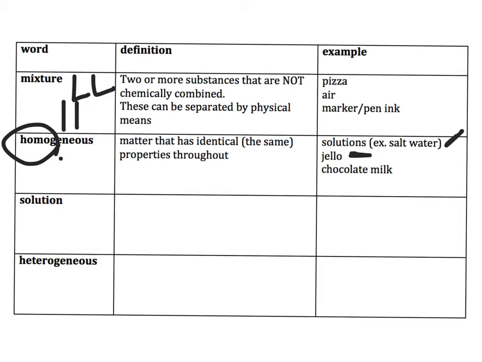It all looks the same, even though it has different stuff in it. Chocolate milk, when that is totally mixed up, it looks really nice. It's straight chocolate milk. If it's been sitting for a while, it's going to probably have a bunch of it sitting at the bottom. The chocolate maybe fell down to the bottom, but I'm thinking about it when it's all chocolate milk.